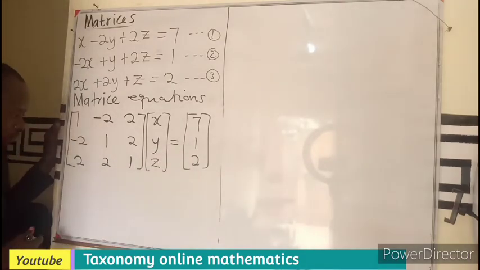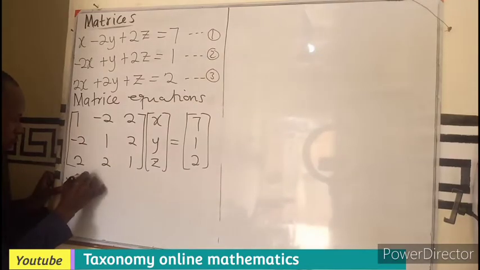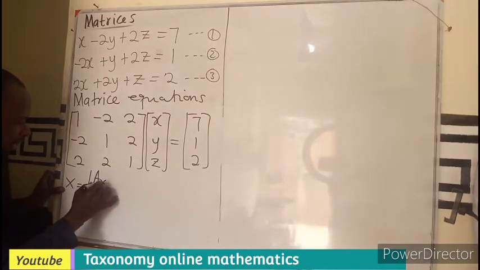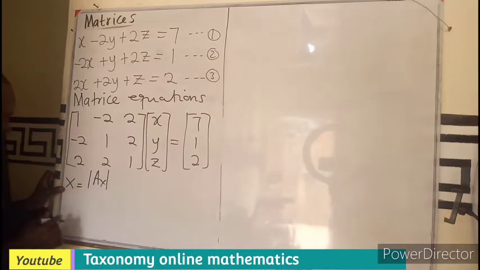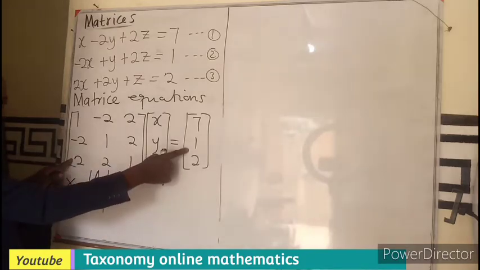So this is our A matrix, this is the X, and this is the B. If I want to find X, I need to find the value of this divided by this. But how will I find this? I need to replace the first column with this.